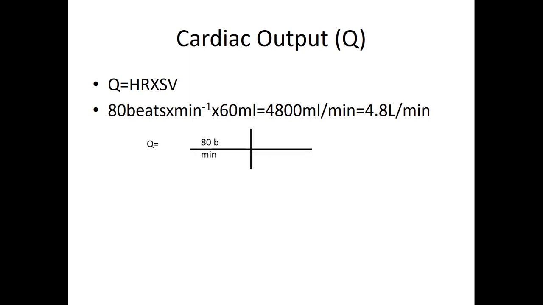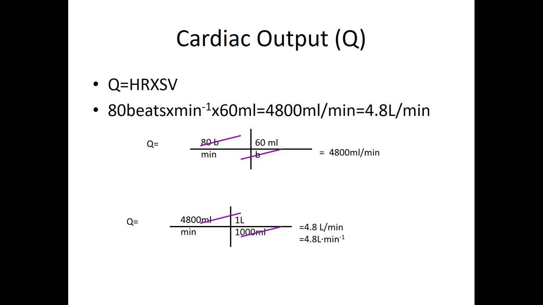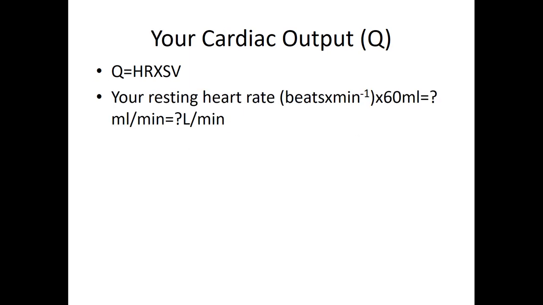So calculate like this: 80 beats per minute times 60 milliliters per beat is 4,800 milliliters per minute. Usually this number is too big, so we just divide by 1,000. So 4.8 liters per minute is the answer. This is cardiac output. Does it make sense?